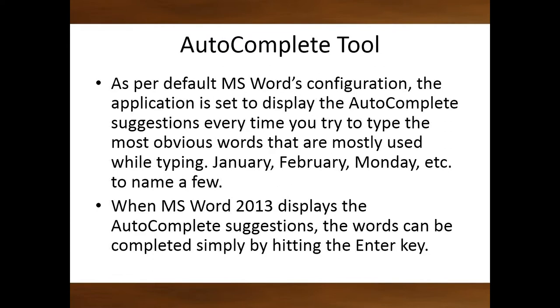The tooltip normally suggests to you that you are trying to type that particular word that it displays. So if you accept that word, then you must press the enter key. If you don't accept it, you can press the escape key or continue typing.